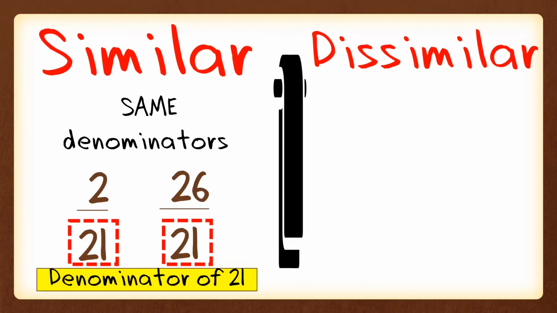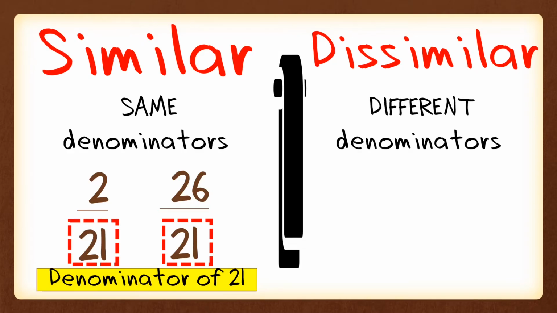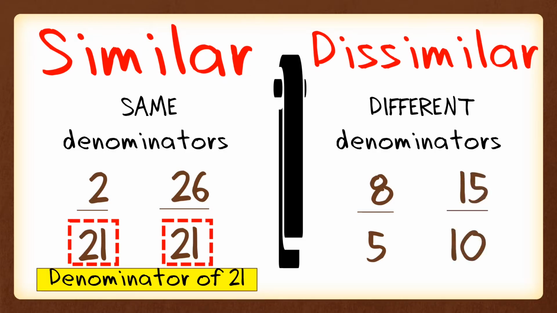Okay. Then, the dissimilar fraction has different denominators. Just like my example, 8 over 5 and 15 over 10. Again, look only at the denominator, which is at the bottom part of the fractions.